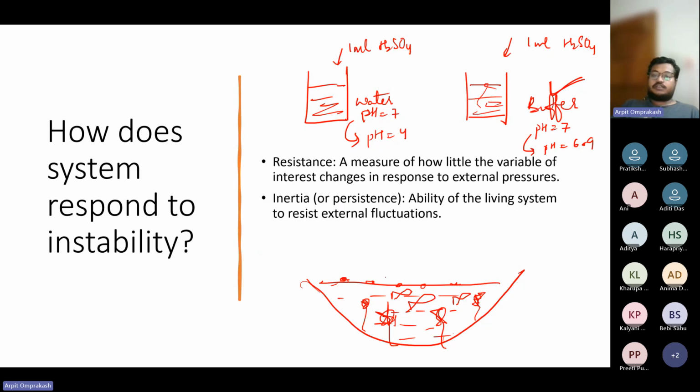Now let's say we add a lot of nutrients and the number of phytoplanktons tends to increase. So the number of fish also tends to increase and the amount of predation on these phytoplanktons tends to increase. So the number of phytoplankton eventually decreases back to normal. And after that, the number of fish, if it has increased, will also come back to normal. So basically, inertia is this ability that living systems have to resist external fluctuations or changes.